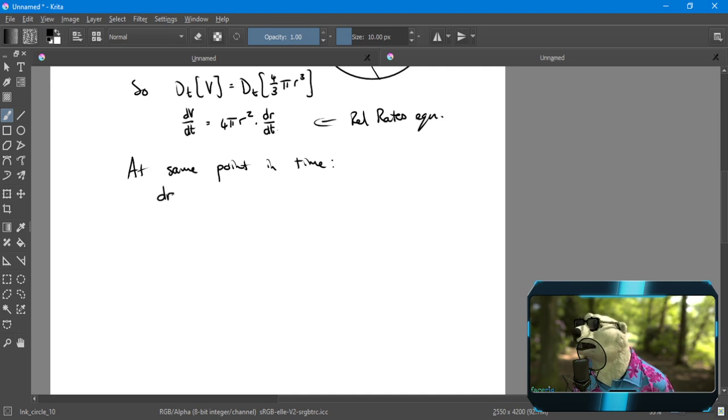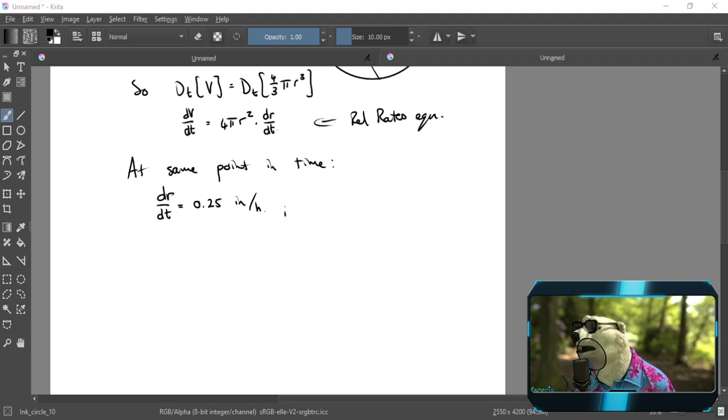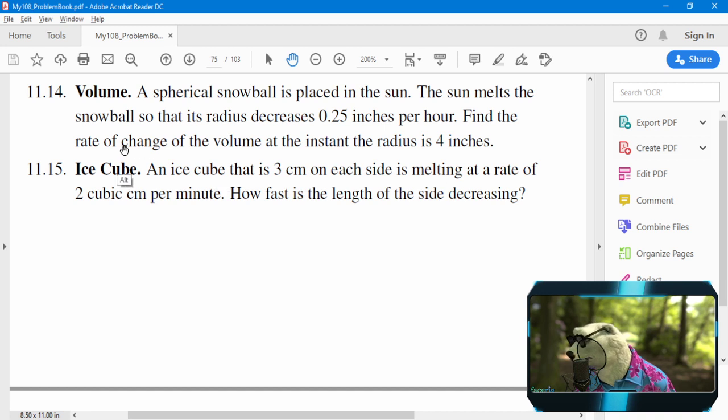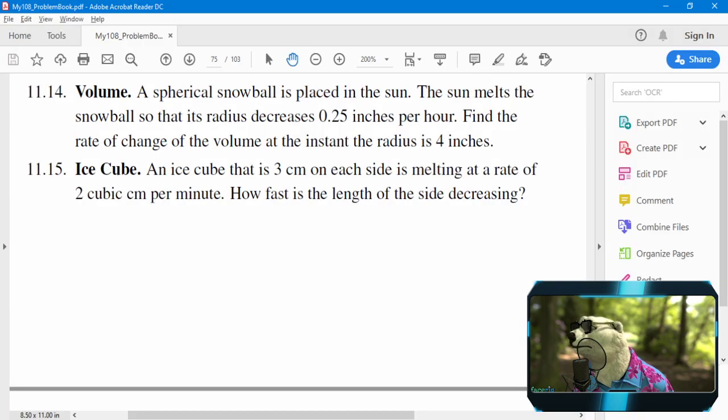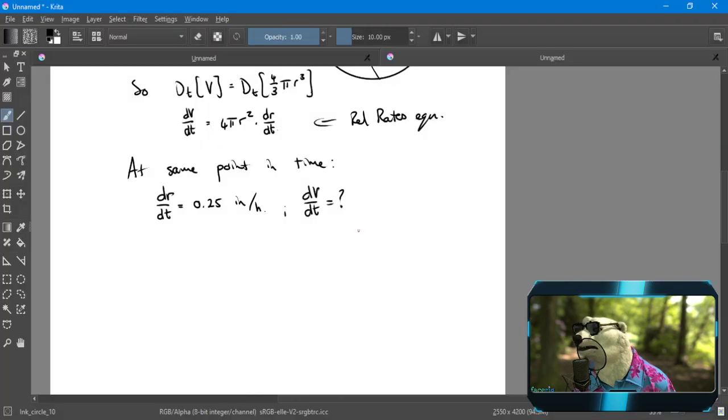So the rate of change of the radius, it's decreasing, so negative 0.25 inches per hour. Find the rate of change of the volume. So that's dV/dt is what I'm looking for.